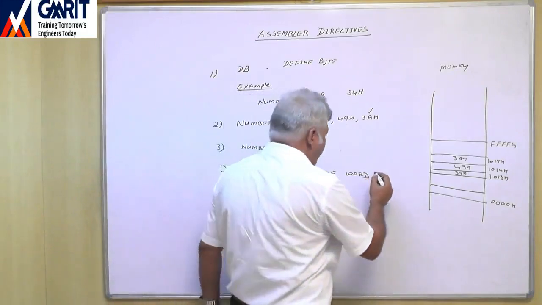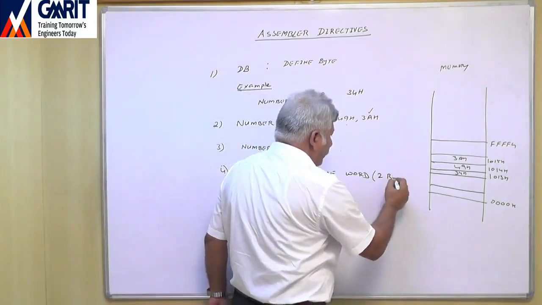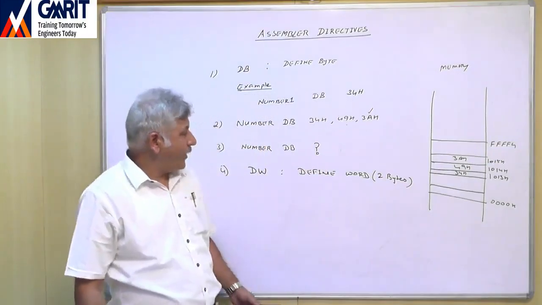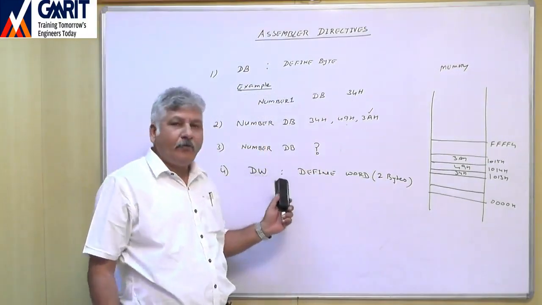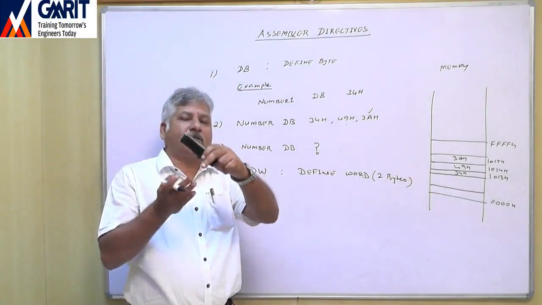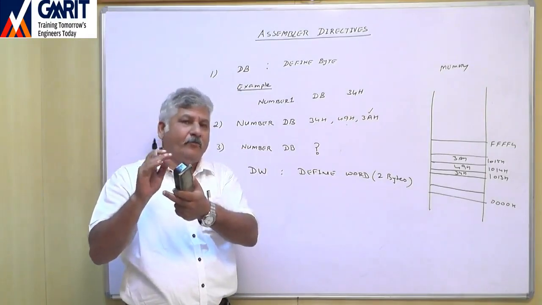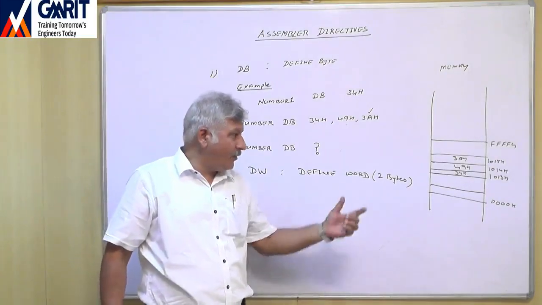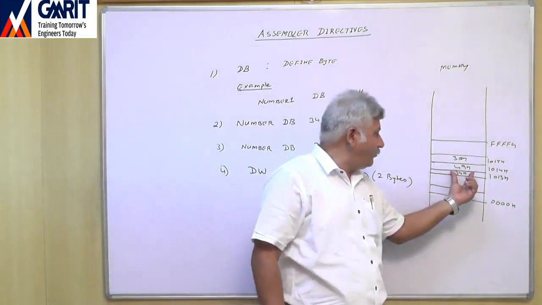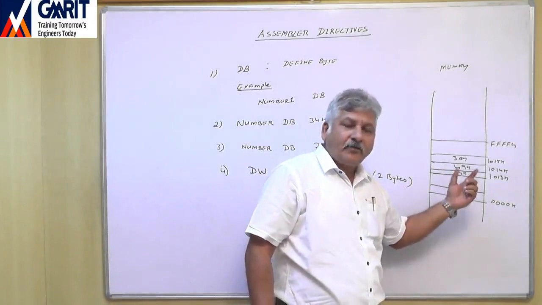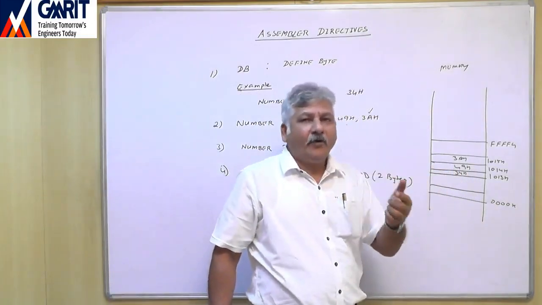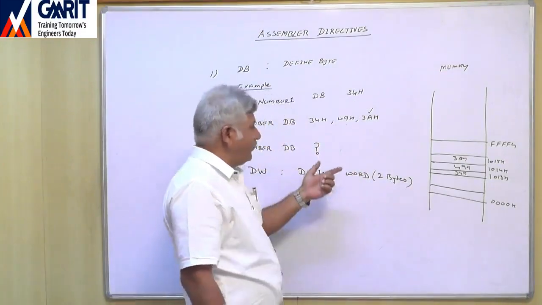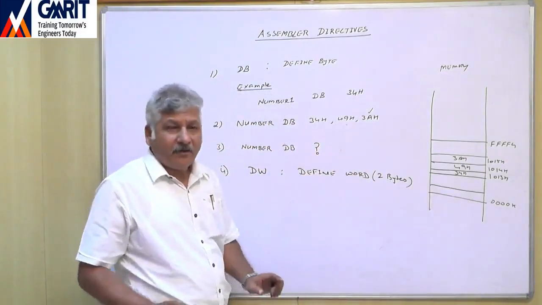Word means 2 bytes. So for 2 bytes, if we use directive DW, then 2 memory locations will be reserved for that word. Because we know that at one location you can store only 1 byte. So if we are going to store a word, then we require 2 memory locations. So with this directive, 2 memory locations will be reserved.